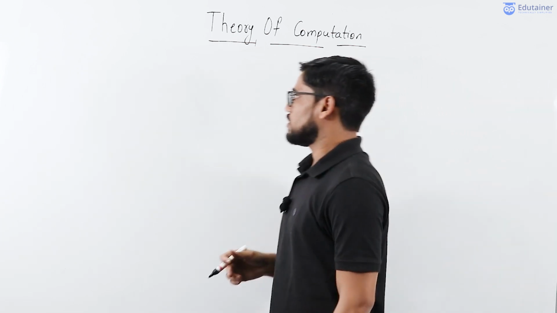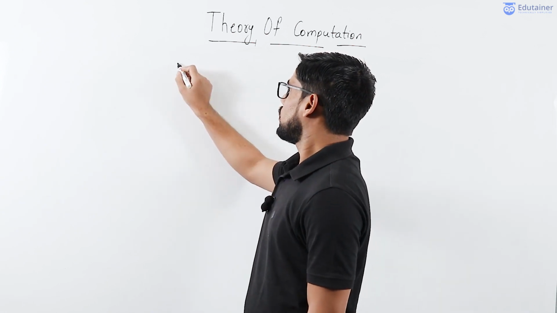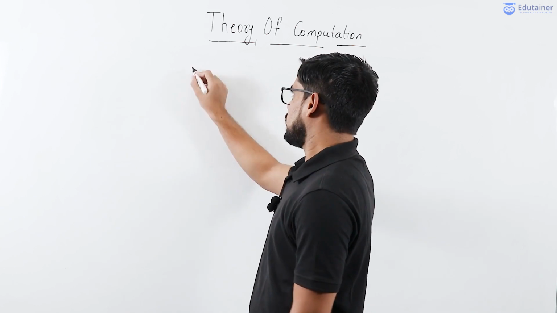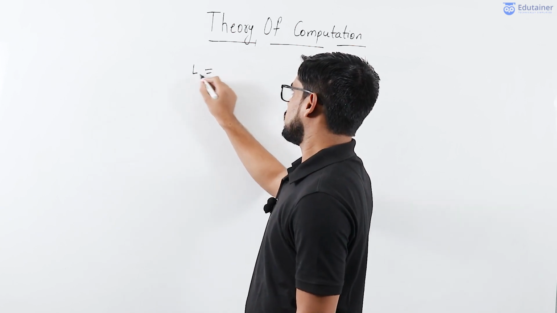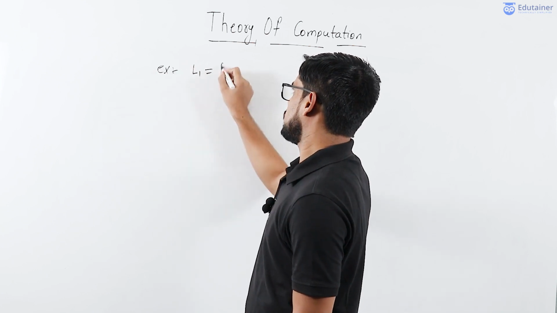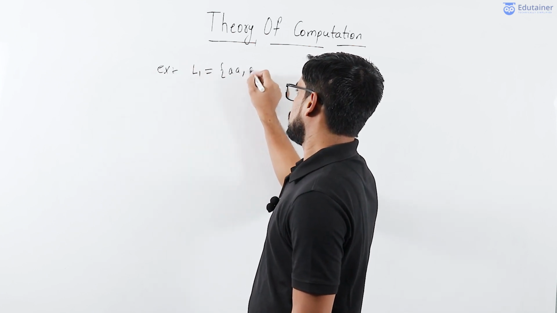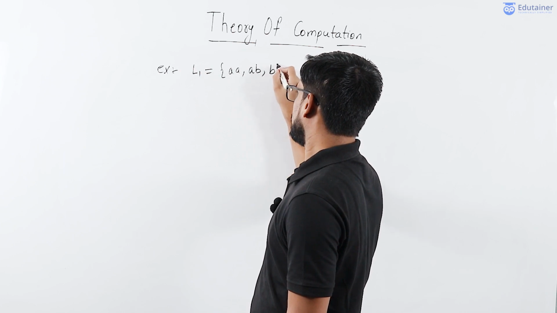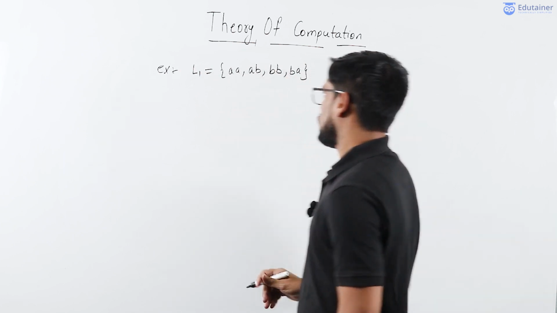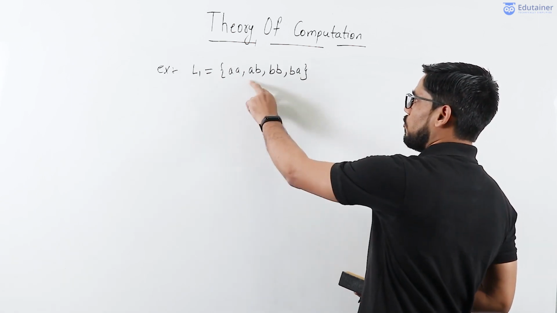And the second one is, if I give you some language, let's say the language is over the alphabet {a, b}. For example, language L1 is {AA, AB, BB, BA}. So this language contains 4 strings.